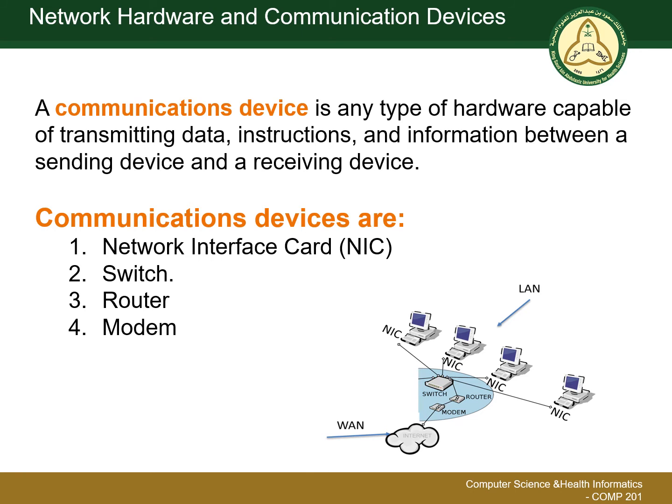So we have the NIC card, which exists in every computer that needs to be added to the network. Then we have a switch to make a local area network. We have to have a router to connect different local area networks. Also, we need a modem if we are trying to connect to the outside world.